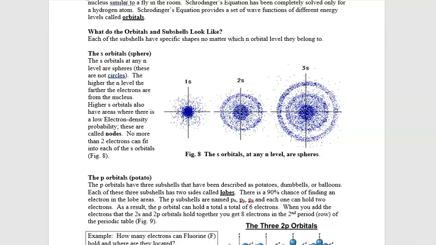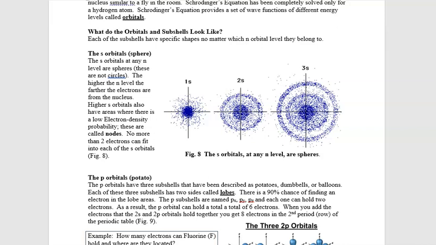Notice the 2s, though, has something kind of unusual. It's dark close to the nucleus, and then it gets very light, and then it gets darker again. In other words, there's a higher probability of finding the electron in that outer dark ring you see under 2s than there is in the space in between where there's very few blue dots.